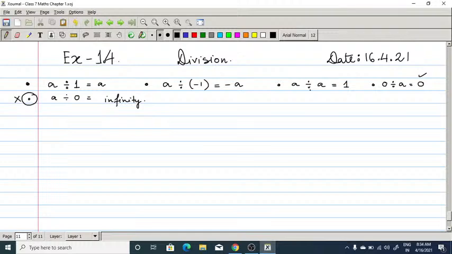Now let us start the exercise. You can go through the solved exercise on your own. Writing is coming small. Okay, I will write big.